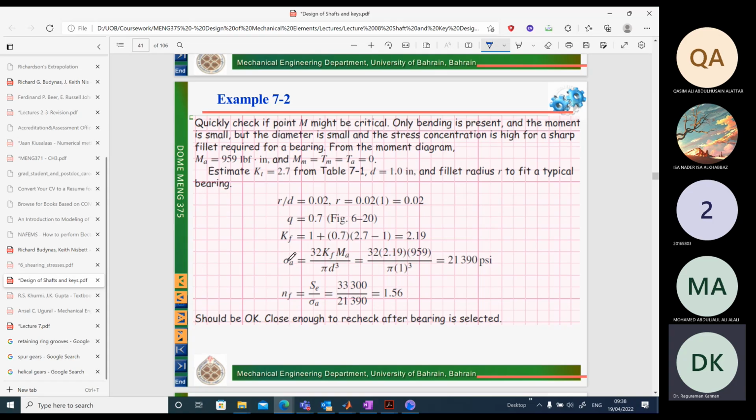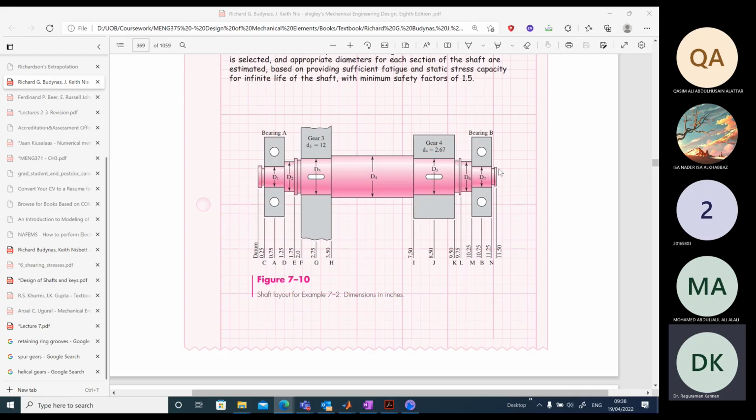We can calculate sigma A by using the standard formula for the shaft and then determine whether our fatigue factor of safety is good. So this is also good, 1.5, but before that we needed to know the diameter of the shaft. So how did they obtain the diameter D6 here?